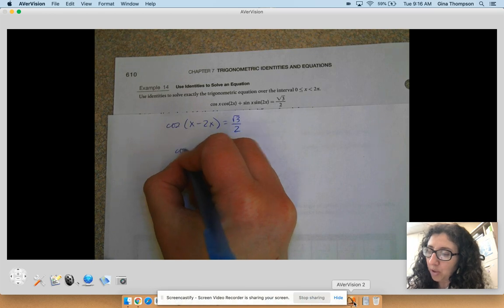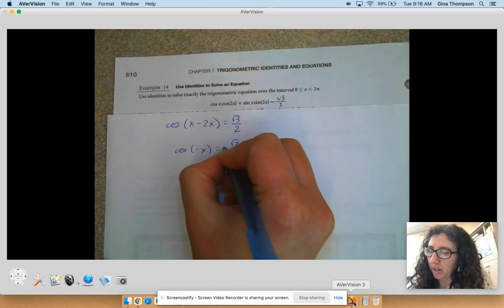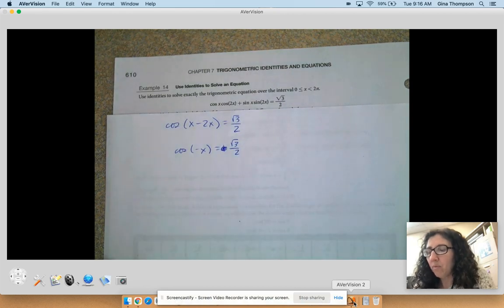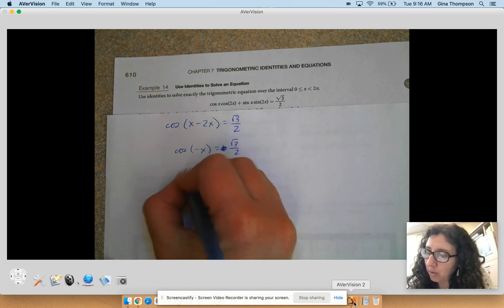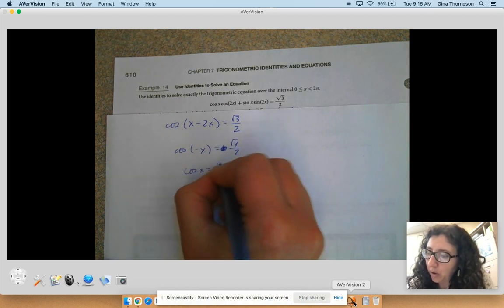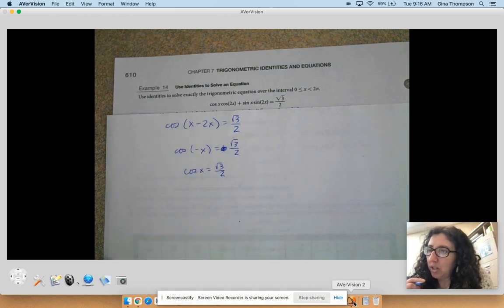I can write this as cosine of minus x equals square root of 3 over 2. I don't know why I wrote a negative there. Just ignore that. Cosine of negative x, well, cosine is even, so this is the same as cosine of x equals square root of 3 over 2. Do I know this? I do from my formula sheet, and that's pi over 6.